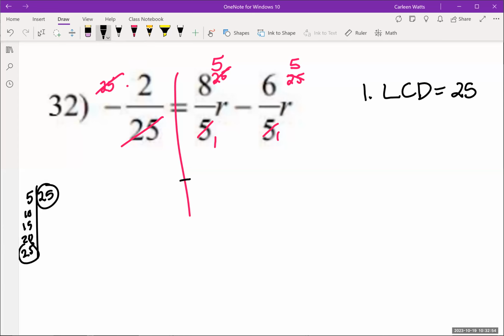Does that mean if the LCD is 25, you completely forget about the 8 and the 6? Oh, not yet. Now we're going to use the 8 and the 6. Good question. You are just one step ahead of me. Okay, let's bring it down. What is left here?